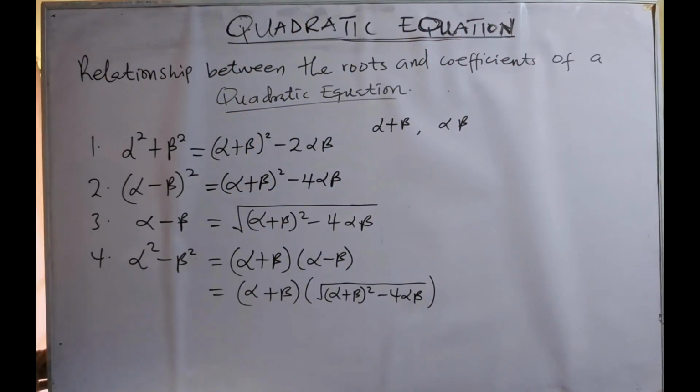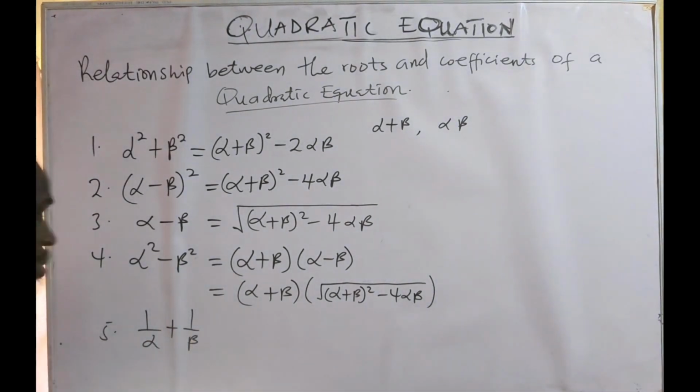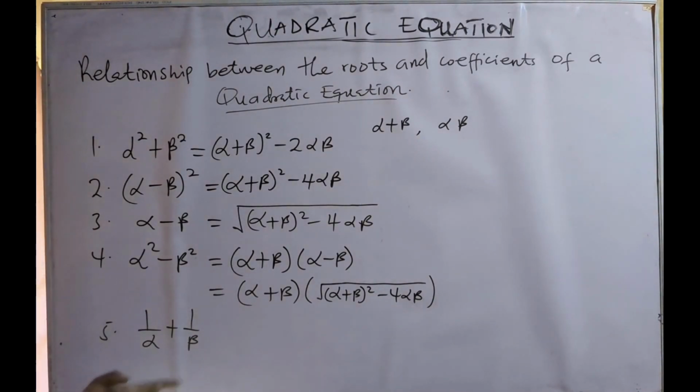Okay, so let's see. You can also be asked to find maybe 1 over alpha plus 1 over beta. So how do I find 1 over alpha plus 1 over beta? What we have to do is find the LCM. My denominators are alpha and beta, so I have alpha beta.